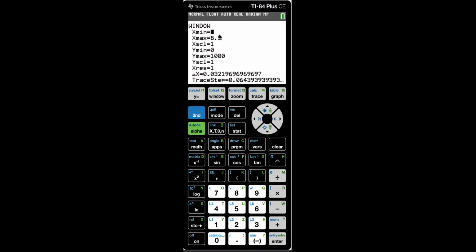First, I'm going to change my x min and x max to reflect the domain that we just determined, so 0 to 8.5. Now for my y min and y max, I'll make my y min 0, but then for the max, we may just have to play with it a little bit so that we can see the max on our screen. I already have it set to 1,000, so if I hit graph, I do have a good picture of this portion of the graph. I can see the maximum.